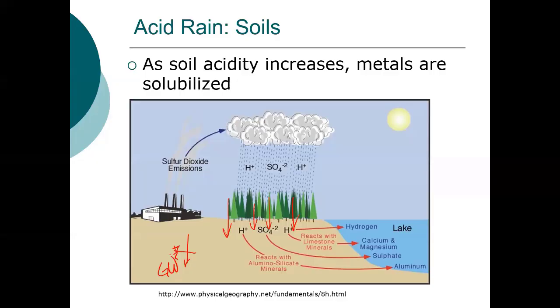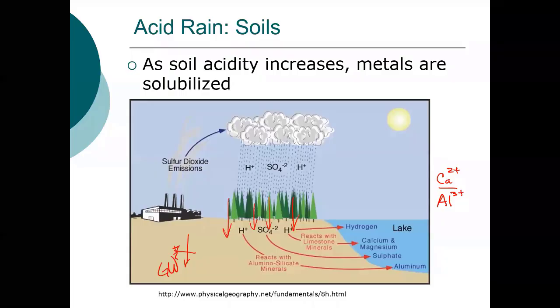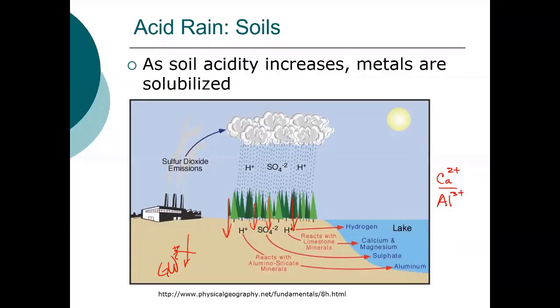So what will happen here is, for instance, you'll see a change in the ratio of calcium to magnesium. And that ratio is important in terms of maintaining proper nutrient assimilation in the root system. It's also important, for instance, in terms of maintaining proper calcium uptake in mollusks.